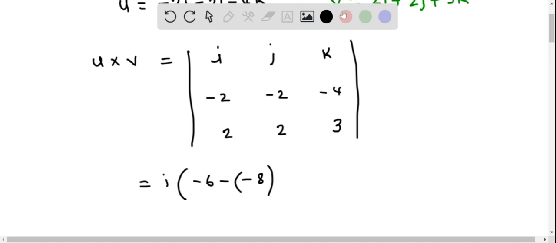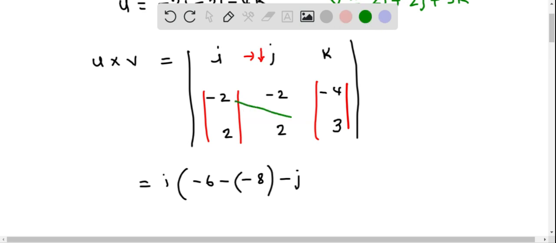And now let's do for j vector. So we have to put -j, and we have to leave out the row and the column represented by j vector, and find its determinant. So we will get this one when we leave this row and this column. Basically we have to take the product of the diagonals, that is this -2 multiplied with this +3.